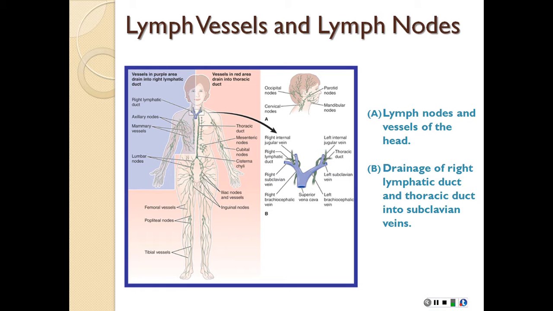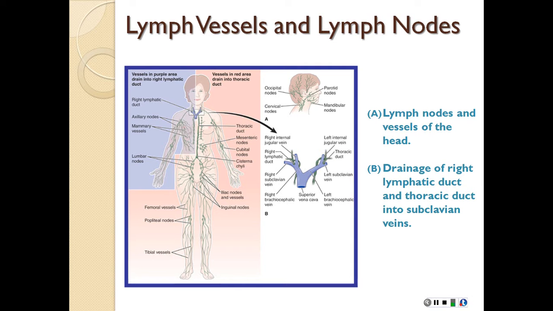So you can see the color of this picture, it's blue in the upper left-hand part of the picture. But that is her what? Her right arm, her right upper body. So what that means is that all of the lymph that comes from her right upper limb and her right upper thorax is going to dump into the right lymphatic duct.